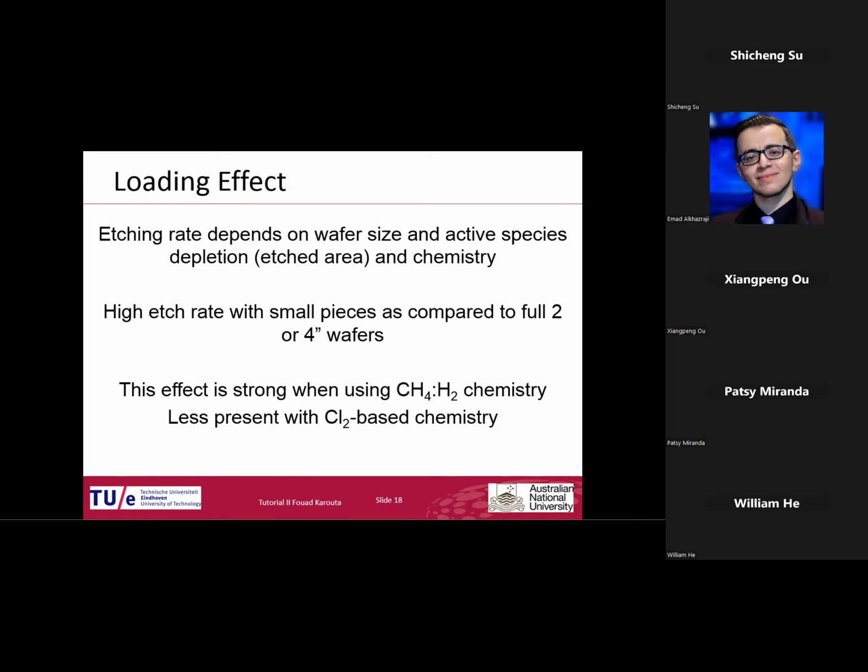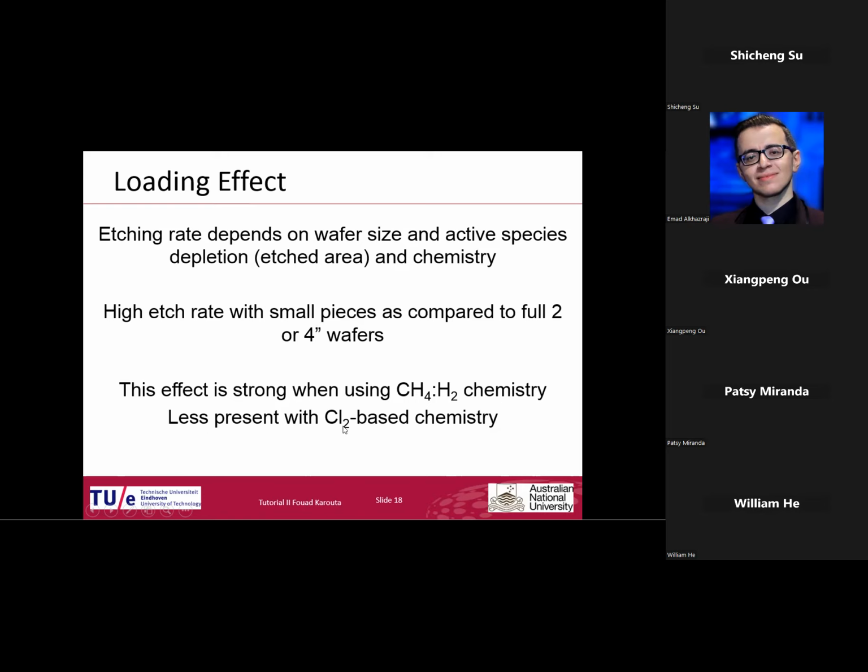If you use a very small sample, you get more ions going to your sample and you get a higher etching rate than if you are using a larger sample. A larger sample has larger surface, so it consumes more ions. This effect is very strong, especially with methane hydrogen chemistry.